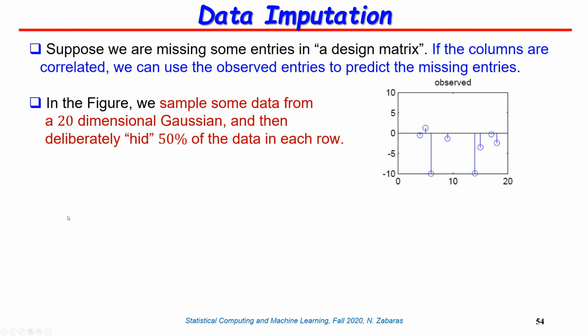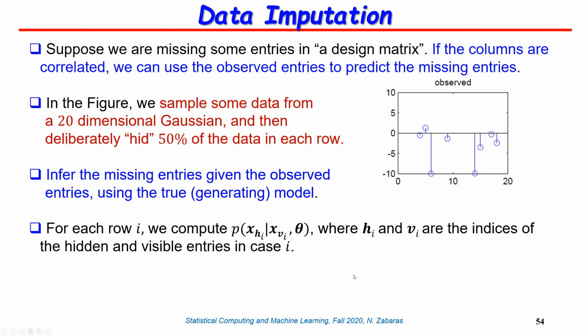The fact that you know these data come with some structure, that they are being generated from a Gaussian model, you can use to compute what is missing given what is known. Effectively, you compute in each row i the hidden elements that you don't know, given the visible elements of x in each row i that you know.